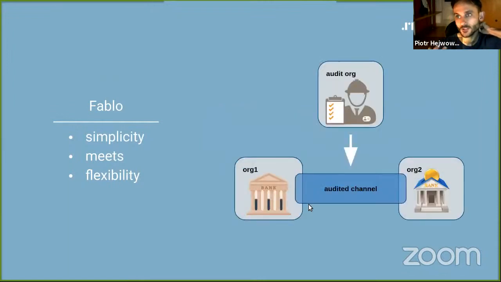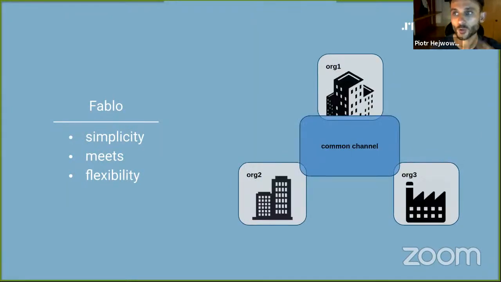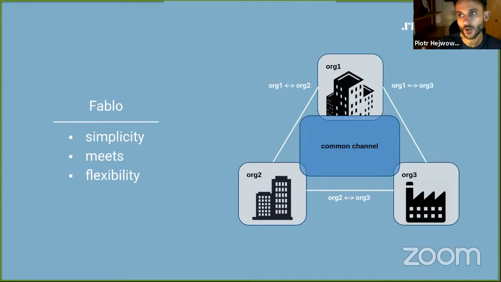You could easily switch and refactor your file to cover such cases as 2 organizations connected with an audited channel, with one root auditing organization, validating or approving some transactions. You could also create a configuration file for 3 organizations with a common channel, and then also create small channels joining each pair of organizations. So Fablo is really flexible and good for various solutions.